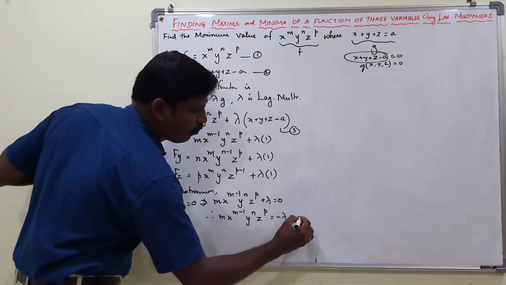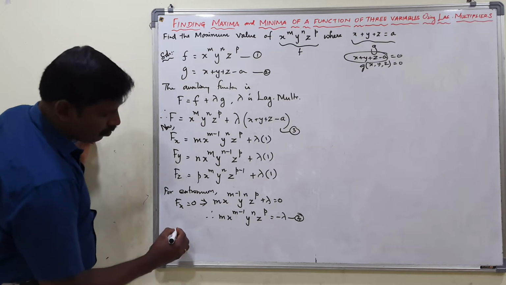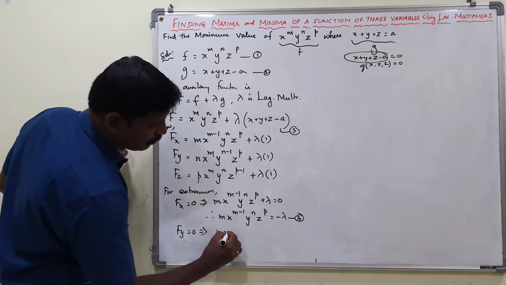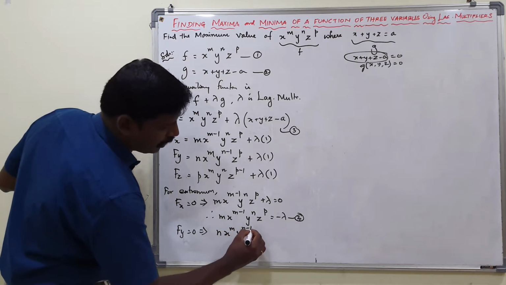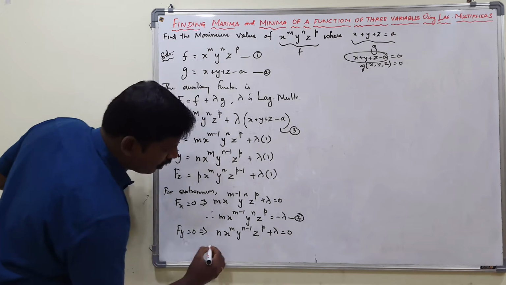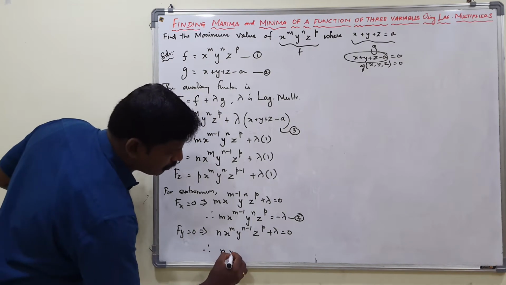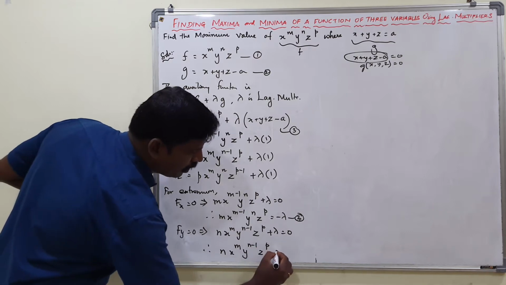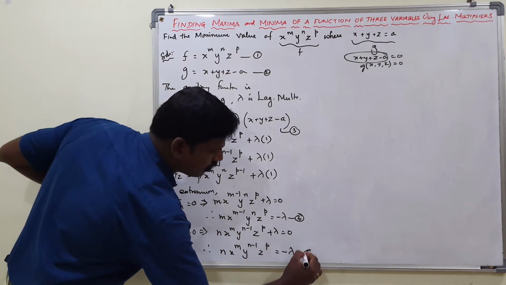I call it equation number 4. Same like that, Fy equal to 0 implies n into x power m y power n minus 1 z power p plus lambda equal to 0. Therefore, n into x power m y power n minus 1 z power p is equal to minus lambda. Call it equation number 5.